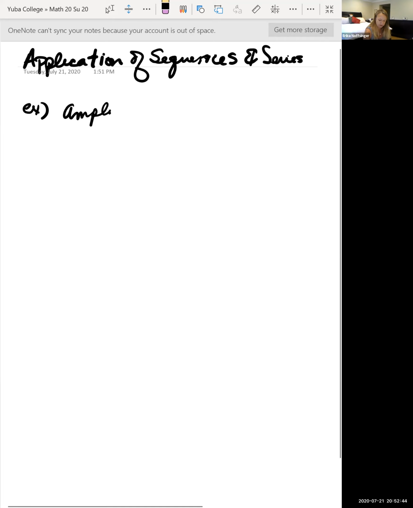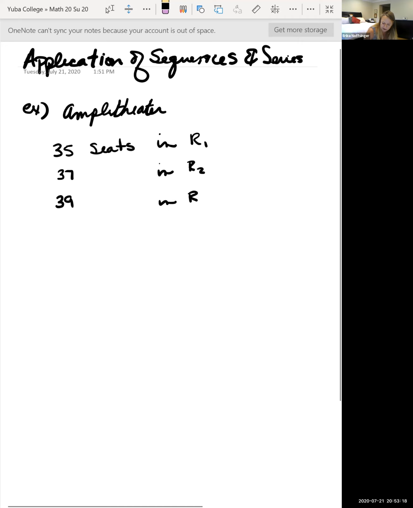Okay, so again, we have an amphitheater. And we have 35 seats in row 1, 37 in row 2, 39 in row 3, and so on. And we know there are 27 rows.